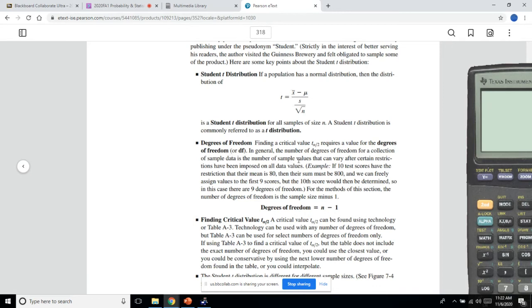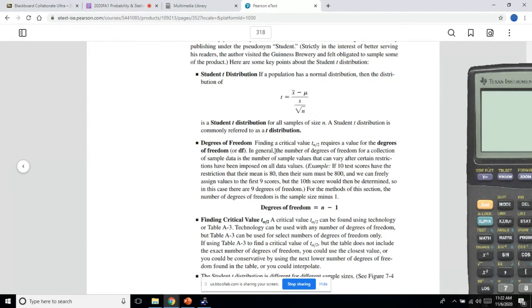In general, the degrees of freedom for a collection of sample data is the number of sample values that can vary after certain restrictions have been imposed on all data values. And you're given a couple of examples. But in the definition, notice that it says that it can vary after certain restrictions have been imposed on all data values.